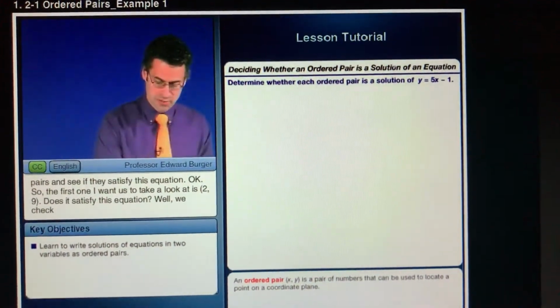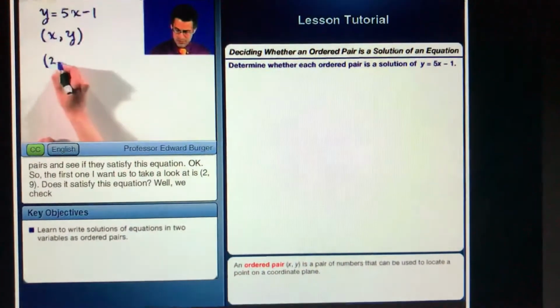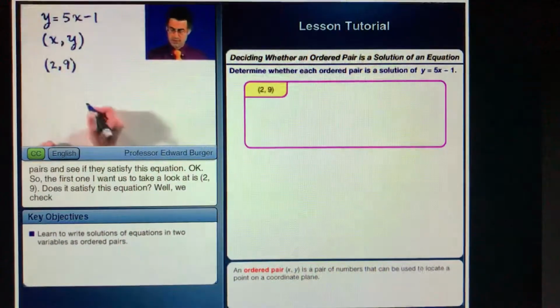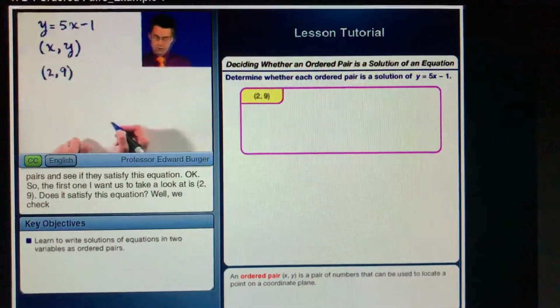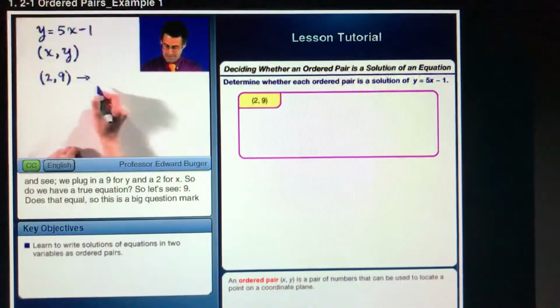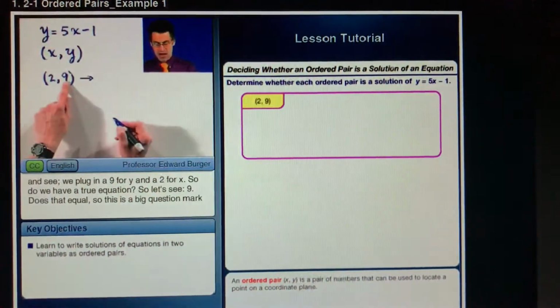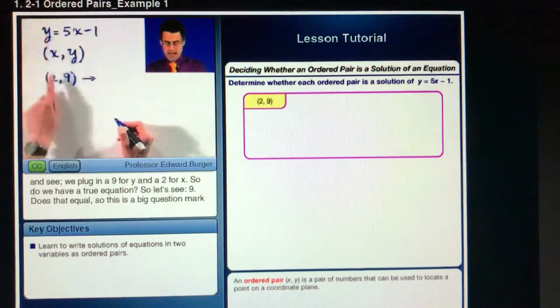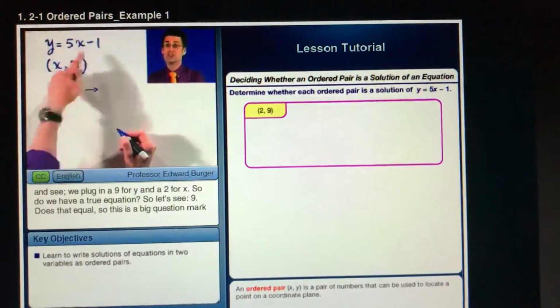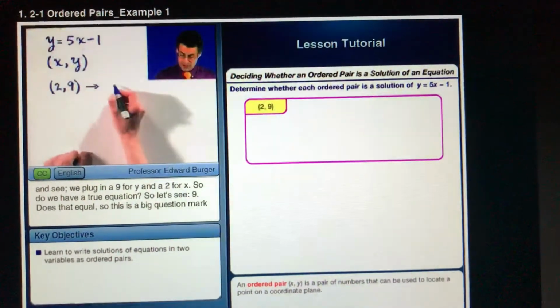Okay, so the first one I want us to take a look at is 2 comma 9. Does it satisfy this equation? Well, we check and see if I plug in a 9 for y and a 2 for x, do we have a true equation? So let's see.